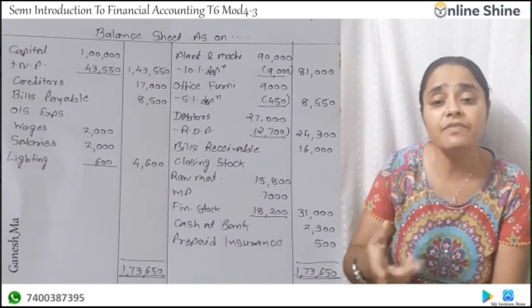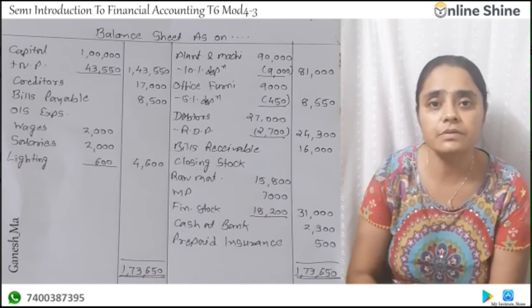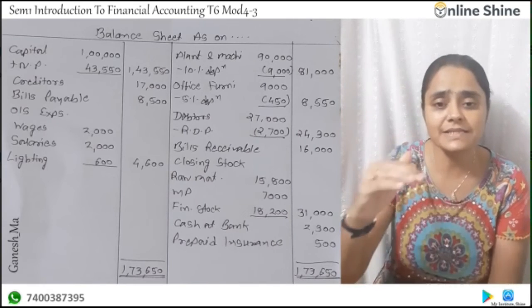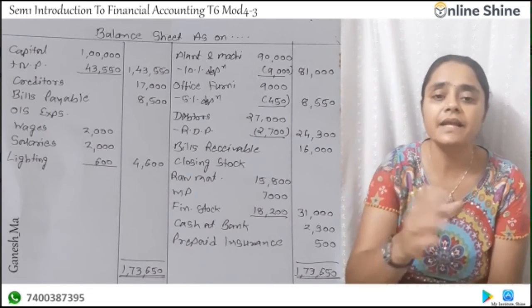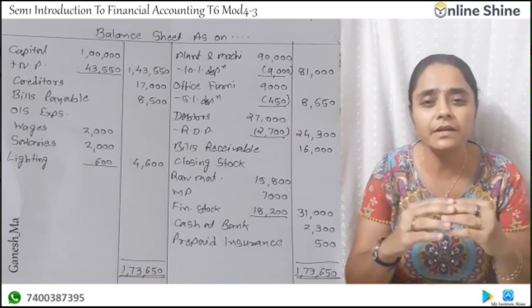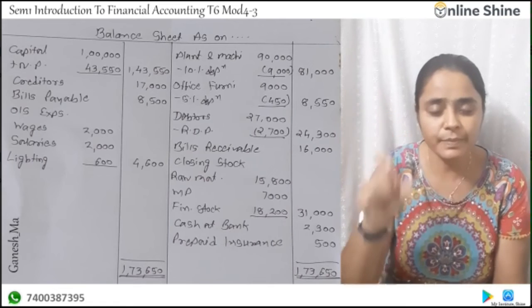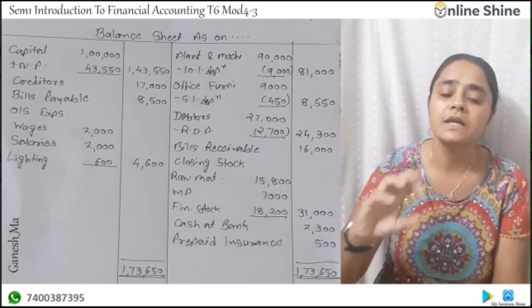What is the benefit you get once you mark your adjustments while posting items from your trial balance to your respective accounts? You come to know that this item has some adjustment. So you can leave a blank space there and move forward to the next item, so that it will not get jumbled. Understood? You can put some lines of break, like where outstanding adjustments have to be provided, or some items are prepaid.